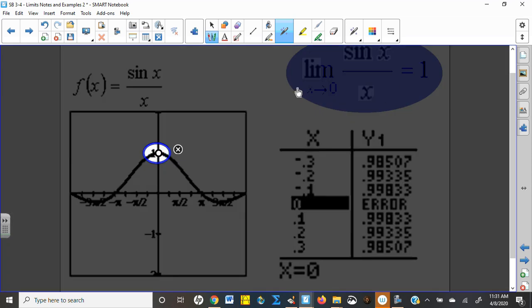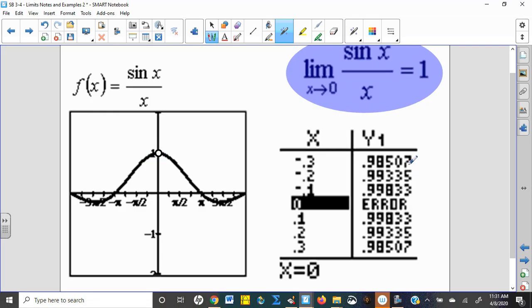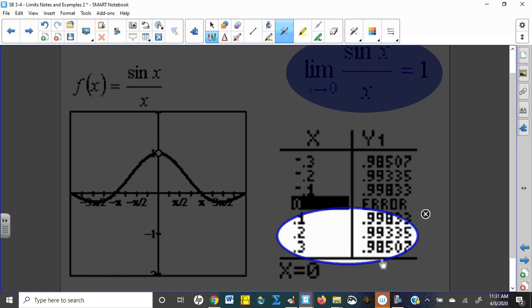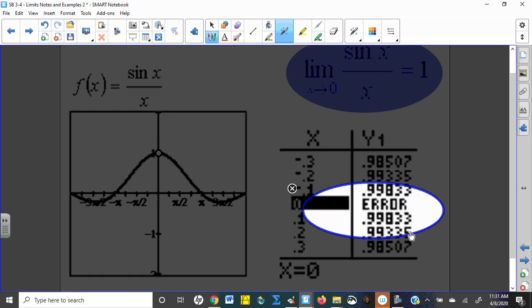So it looked like the limit was going to be 1. And when we looked at the tables, we saw that if we came in from the left, getting really, really close, and as we came in from the right, getting really, really close, those numbers are getting closer and closer to 1. So even though we got an error at 0 because it's undefined, we do have a limit as the heights converge towards 1.